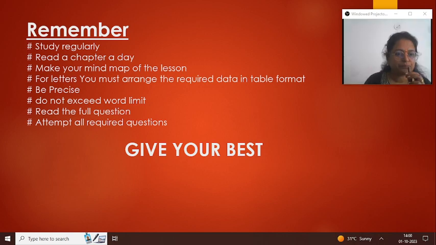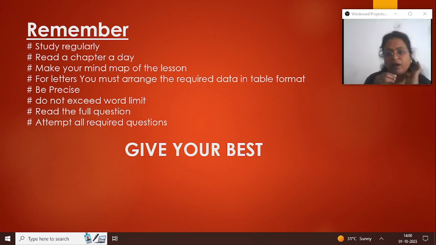For letters, you must arrange the required data in table format. Again and again I am telling, whichever letters require a table format, you should write in table format only. Be precise. Don't be lengthy. Don't exceed the word limit. Read the full question.